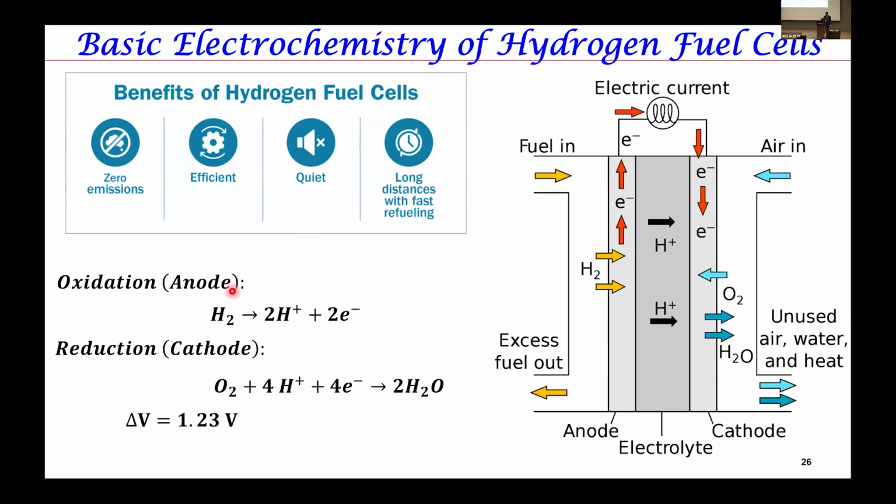The basic redox reaction is shown here. So at the anode, you have oxidation that produces charge. And then at the cathode, the charge and the protons recombine with oxygen to form water. So ideally, you get about 1.2 volts from this kind of fuel cells.